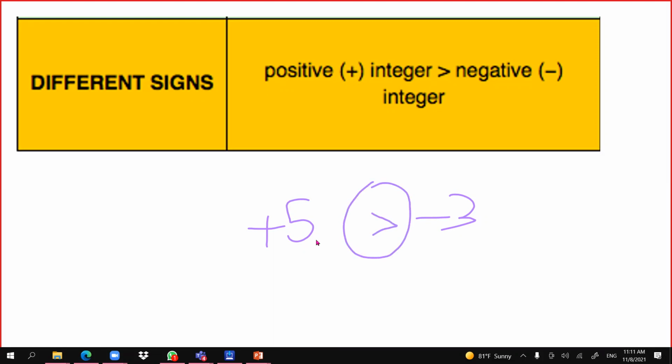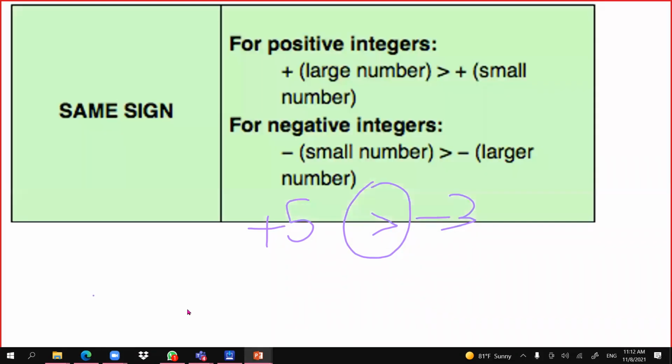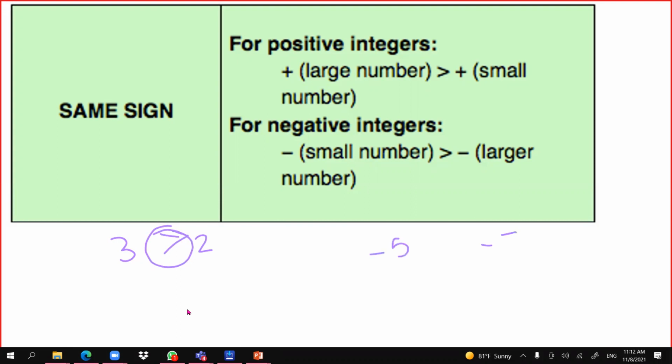This is if we have a different sign. But if we have the same sign, and if they are positive, like 3 and 2, the greatest one will be the largest. But if you have two negative numbers, like -5 and -7, just see the last one will be greater. This was what we talked about on Wednesday.